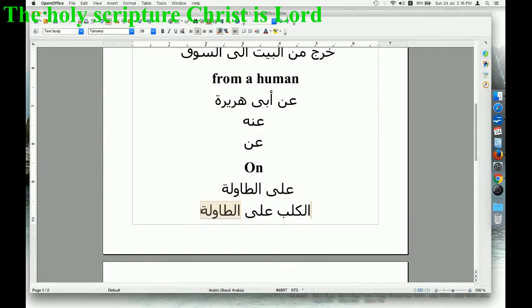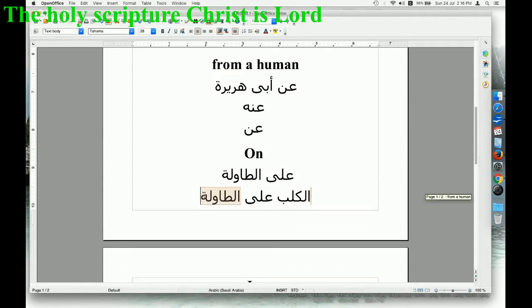As simple as that. What you use in English is the same in Arabic, which makes it a lot easier to memorize and practice. You can practice even in English. Just take on and put ala, and remember how to pronounce it. Ala, ala, ala.